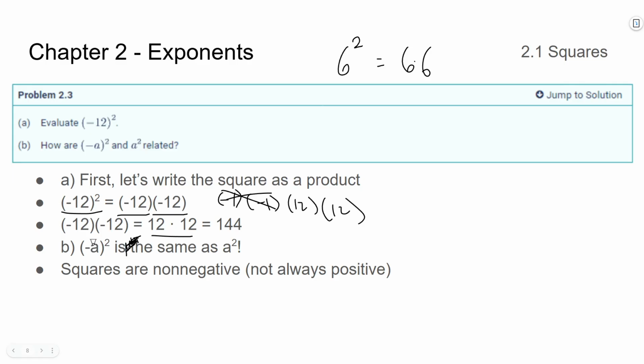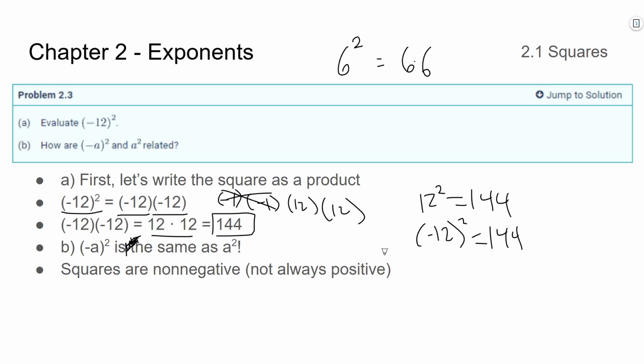So negative a squared is the same as a squared, because look, you get 144, which would have been the same if we had done 12 squared, right? 12 squared is 144, and negative 12 squared is 144. Sorry for that mix up. So they are both the same.